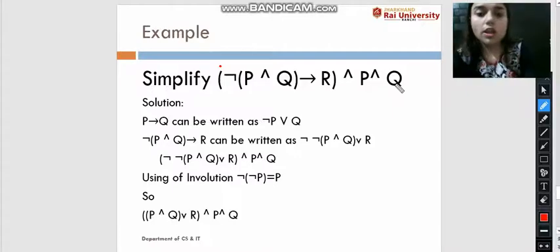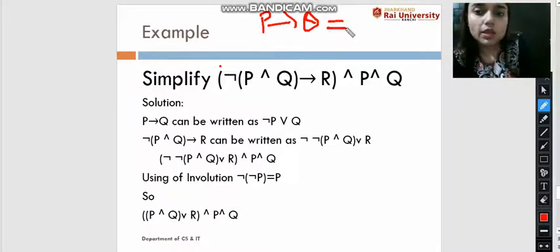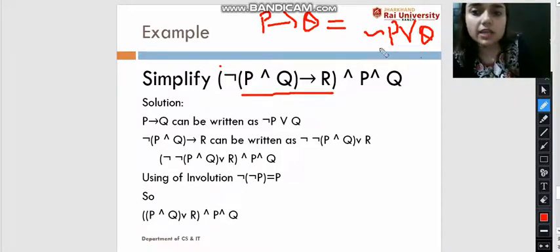First of all, we have to remember that I told you P implies Q is equivalent to negation of P or Q. So this formula can be written this way. Here I have written the formula as negation of (negation of (P and Q) or R) using this formula.